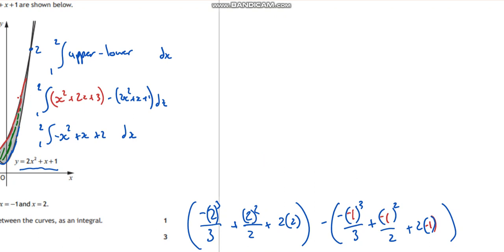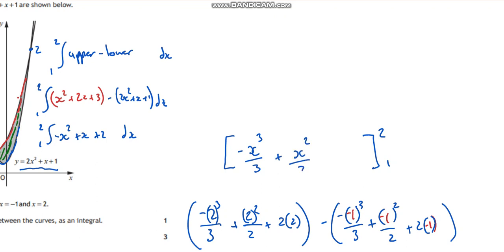So if we integrate between 2 and 1, we add 1 onto the power and divide by the new power, and 2 becomes 2x, okay? Now I'm free to substitute in the 2 and substitute in the -1, which I've shown in red.